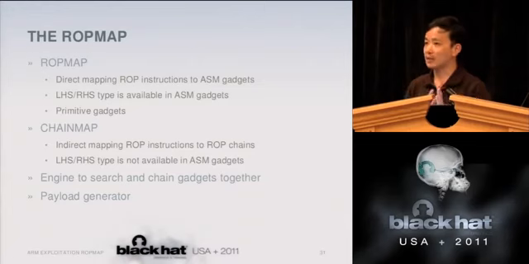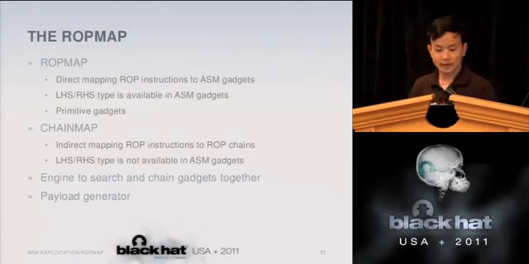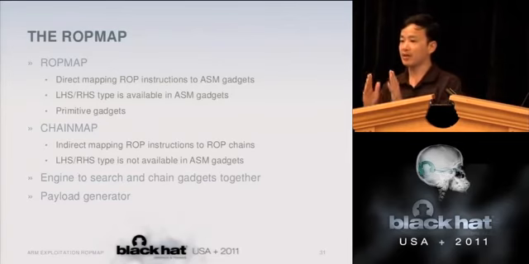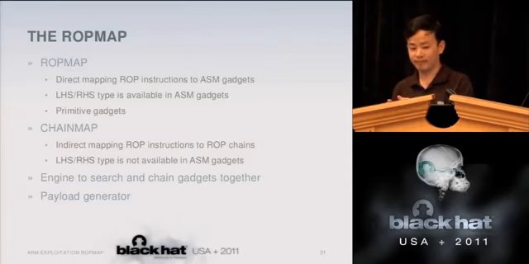What we map to are just primitive gadgets, what we call simple and short gadgets, most available in every binary. Another map we define here is called the chain map. In case there is no direct mapping from a ROP instruction to an assembly gadget, we will map it to another chain of ROP instructions. We'll show it later.